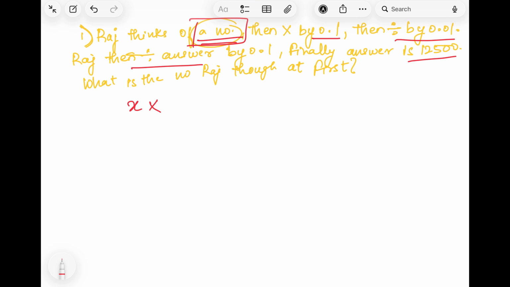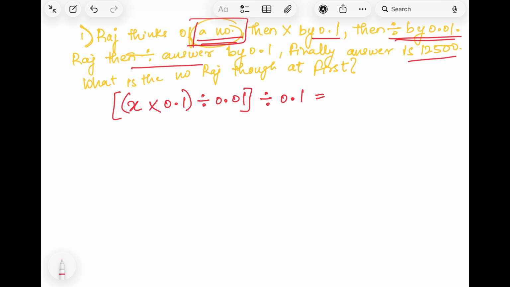Then we are multiplying it by 0.1 as Raj has done. So x will be multiplied by 0.1. After that, whatever answer we get, he is dividing it by 0.01. After that also he is not stopping. Whatever answer he is getting, he is again dividing the entire answer by 0.1.